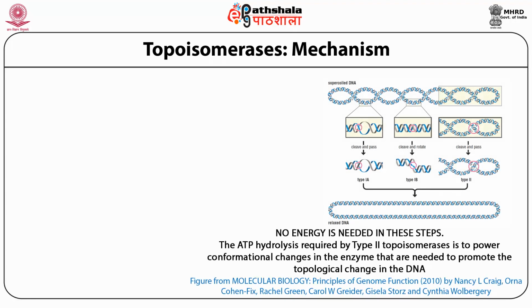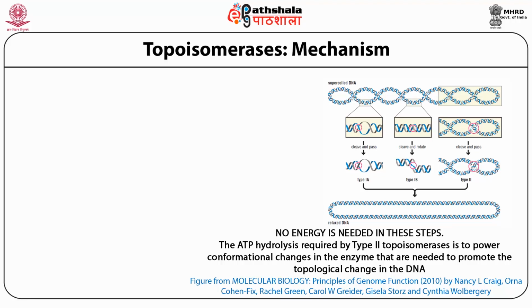This cartoon shows the mechanism of topoisomerase. On the left hand side, you see the mechanism followed by type 1A. In the middle, you see the mechanism followed by type 1B, and towards your right hand side, you see the mechanism followed by type 2 enzyme.